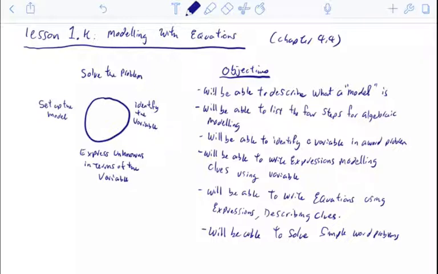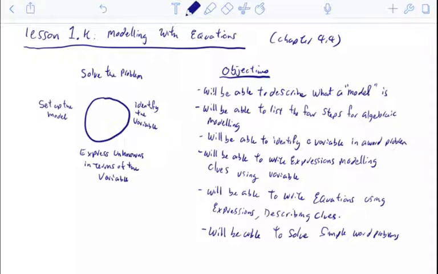So the objectives are, at the end of this, you should hopefully be able to describe what a model is. You should be able to list the 4 steps for algebraic modeling. I want you to identify a variable in a word problem. That's the big step. And then we want you to be able to write expressions which describe the various clues that you're given. So algebraic expressions describing the clues.